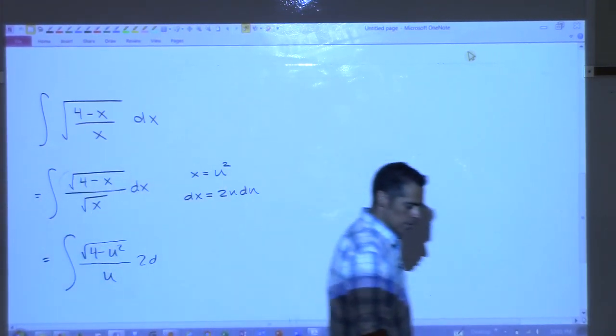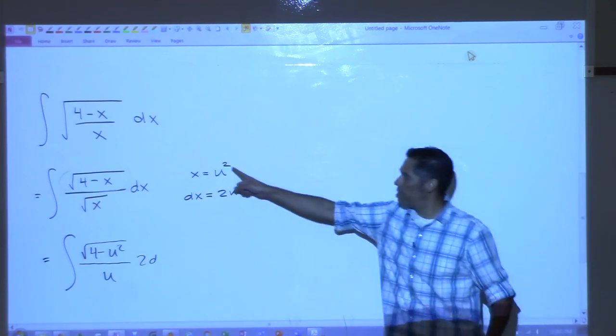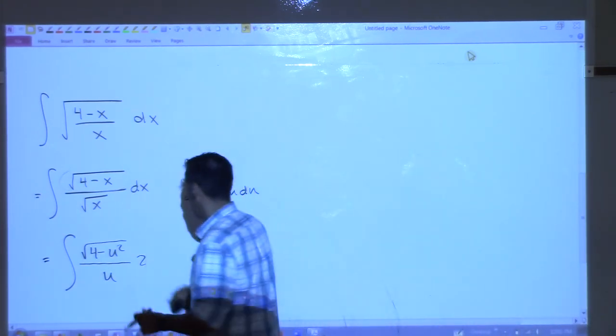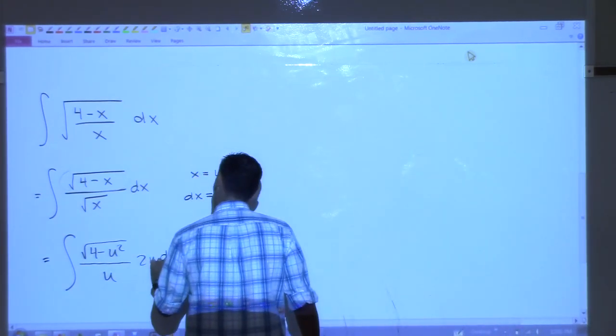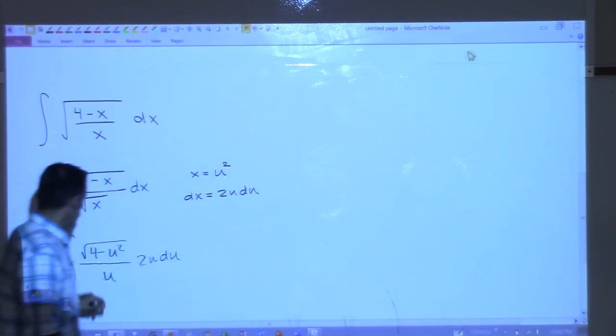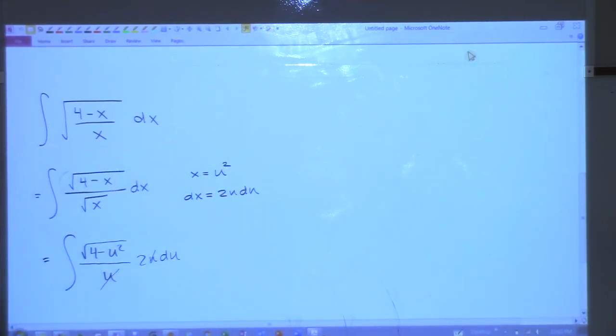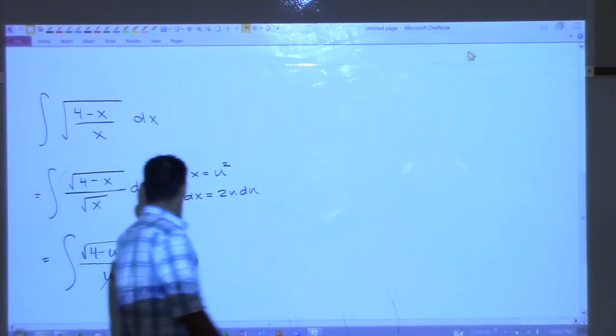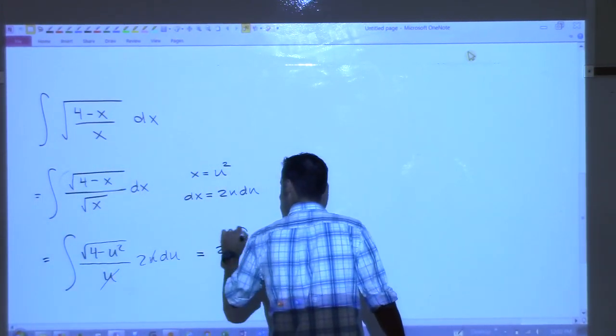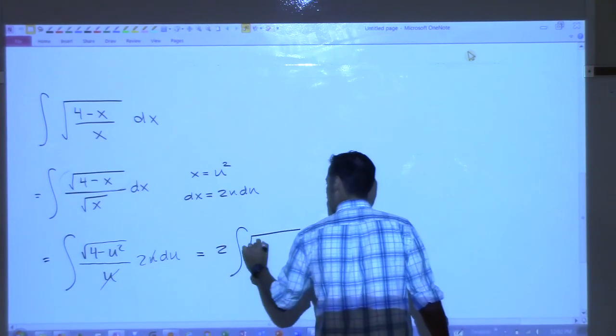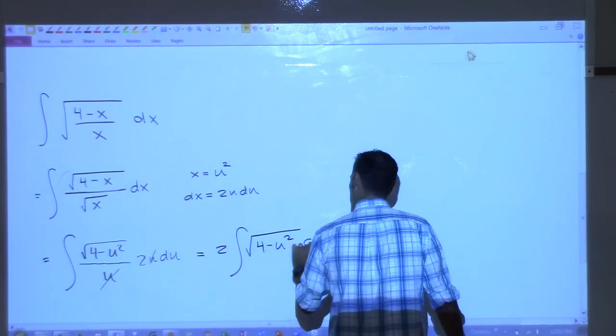You okay with where that came from? Take the derivative, right? 2u du. And these u's cancel. And so here's where we are. We are at 2 integral square root of 4 minus u squared du.